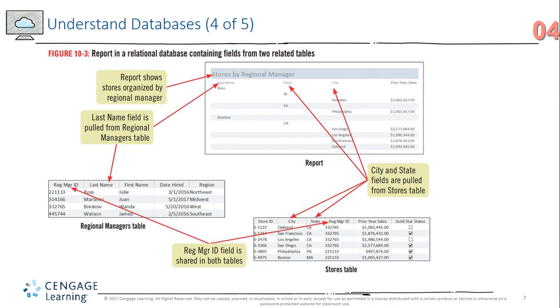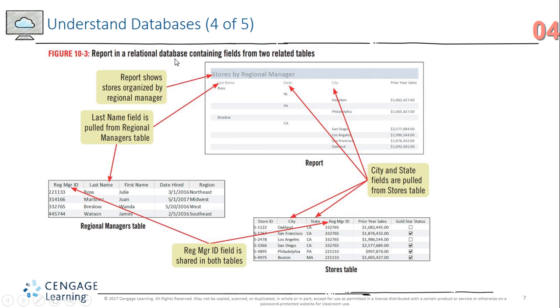I will say that in Access, the reporting module is not my favorite. Typically, with most databases, the data is exported into a spreadsheet format. That's a friendlier format than the reporting module in Access, but we will cover how to use reports in Microsoft Access.